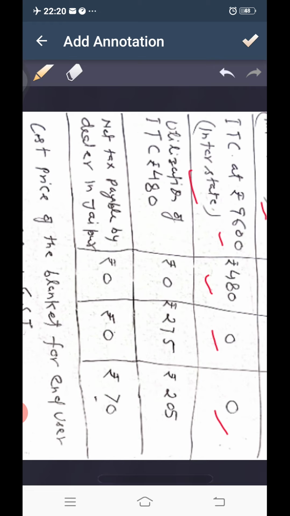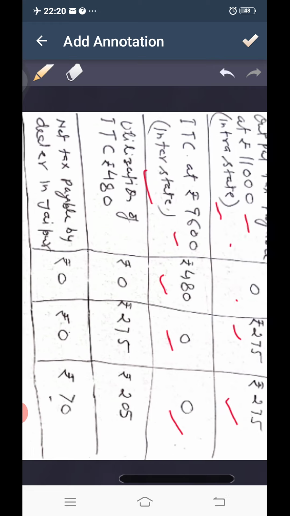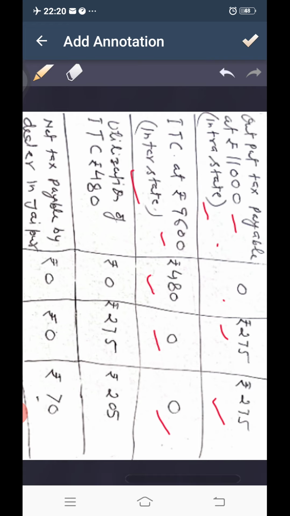Here the input tax credit is 480 rupees. This we have paid as IGST, and output tax is 275 and 275 rupees.